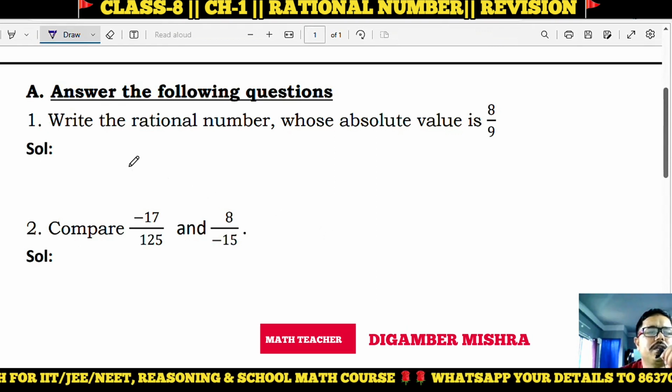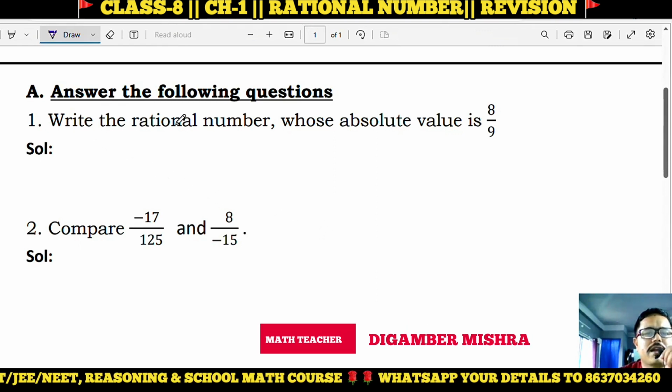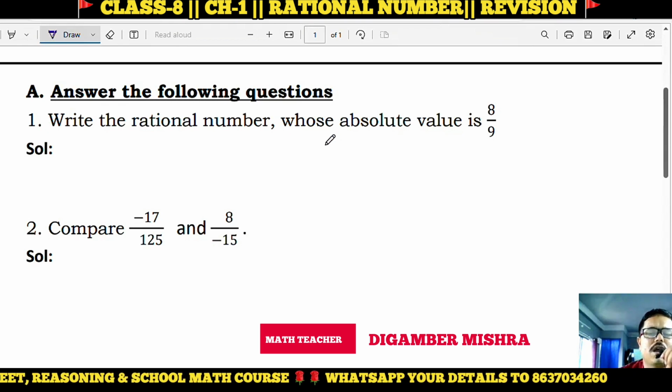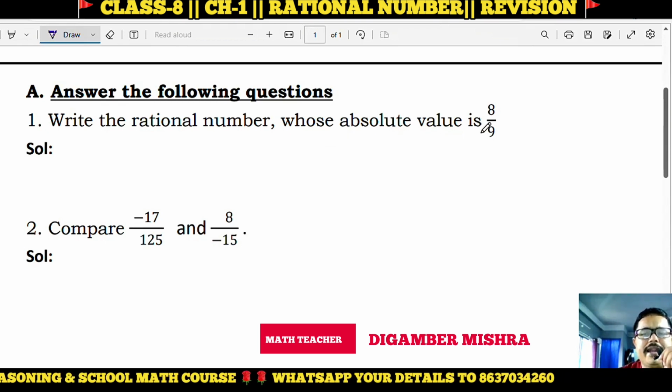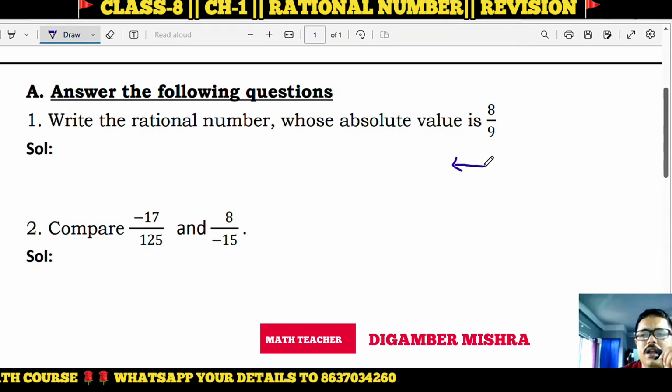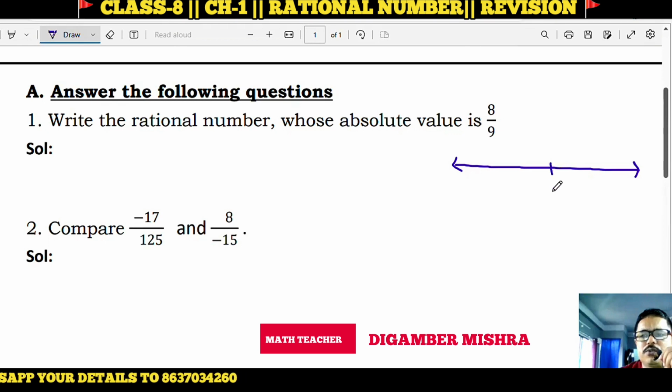The first question is, write the rational number whose absolute value is 8 upon 9. So let me tell you what absolute value is. Absolute value is nothing but the distance from 0.